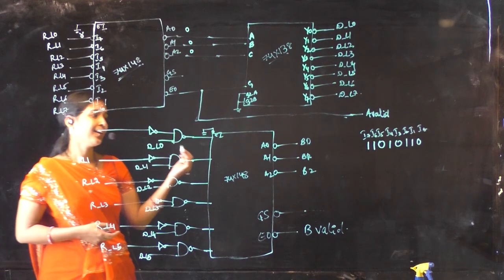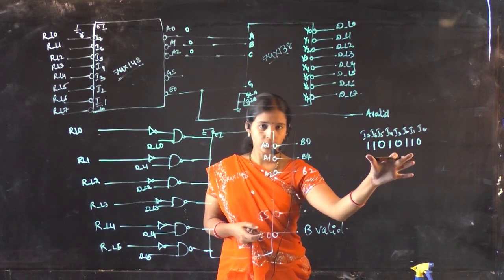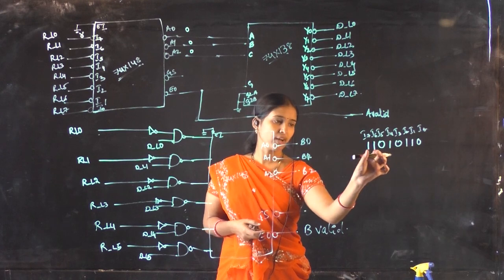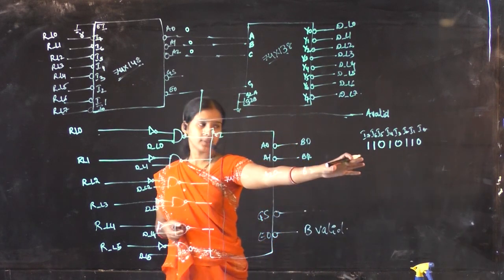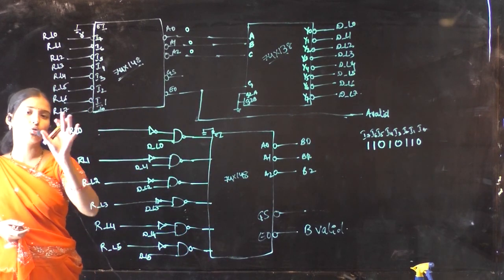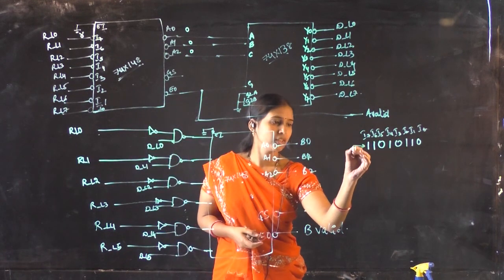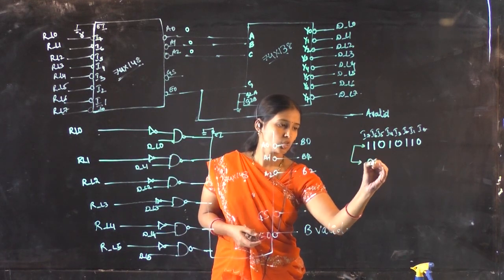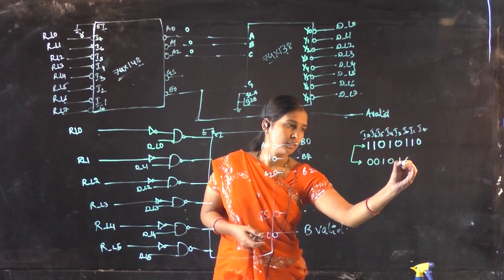Now I have taken 8 data inputs, 0 to 7. I have taken 1, 1, 0, 1, 0, 1, 1, 0; you can take any input, and I am considering this one. These are active high, and now I am converting them into active low signals: 0, 0, 1, 0, 1, 0, 0, 1.